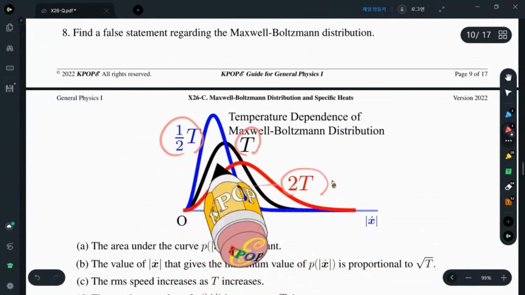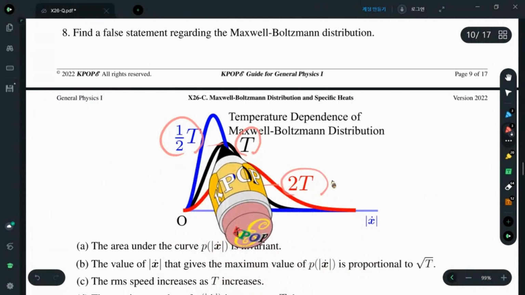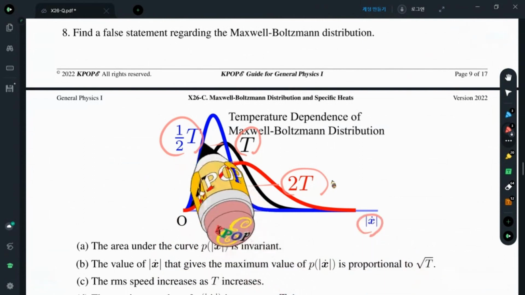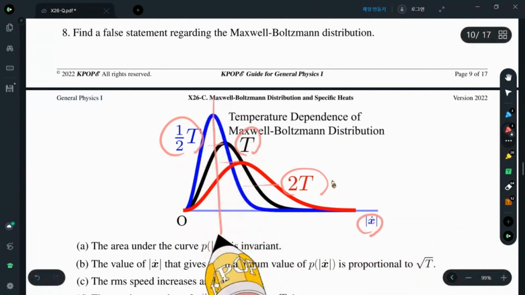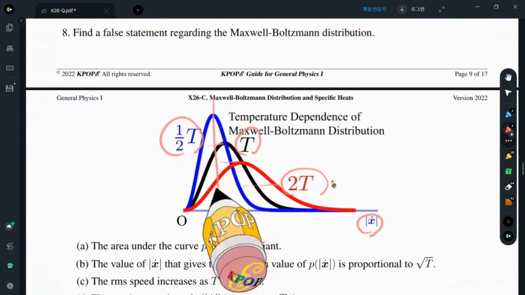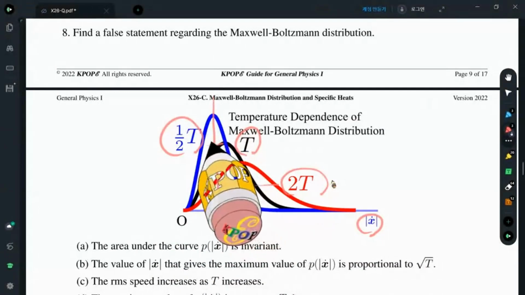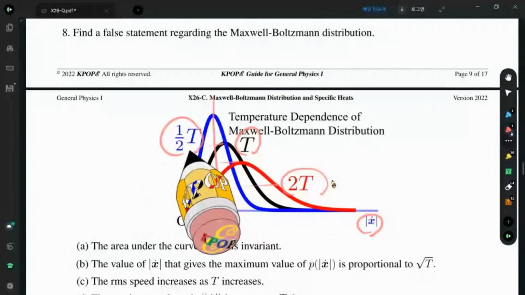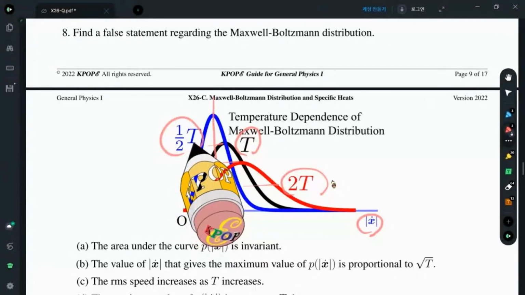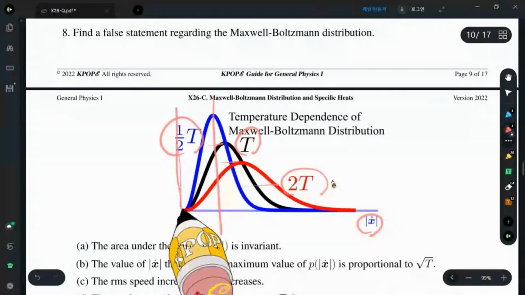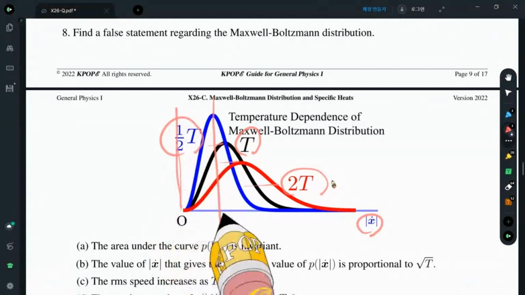The width of the distribution varies. This is the speed. At colder temperature, the average value of the speed must decrease. For example, at T equals exactly 0, it should fall down to a sharp peak at absolute 0.